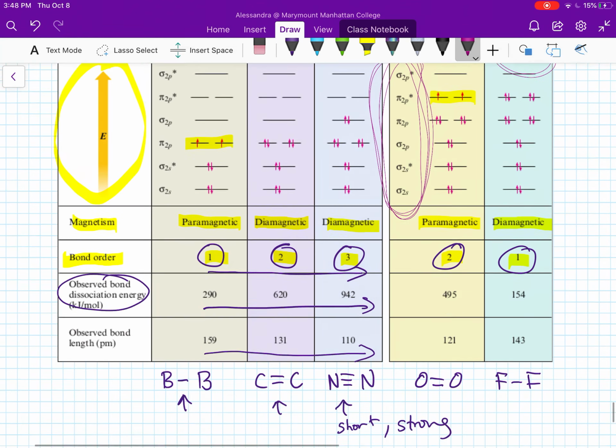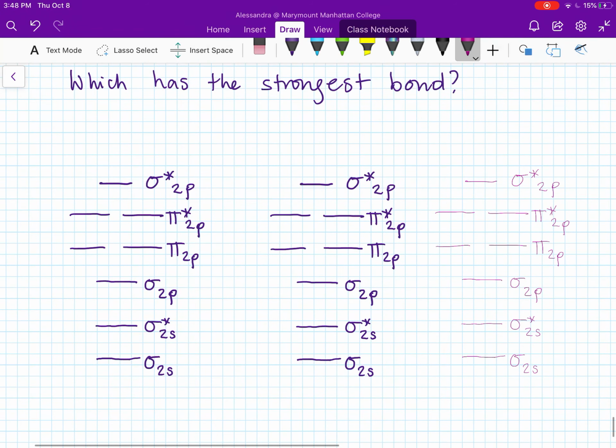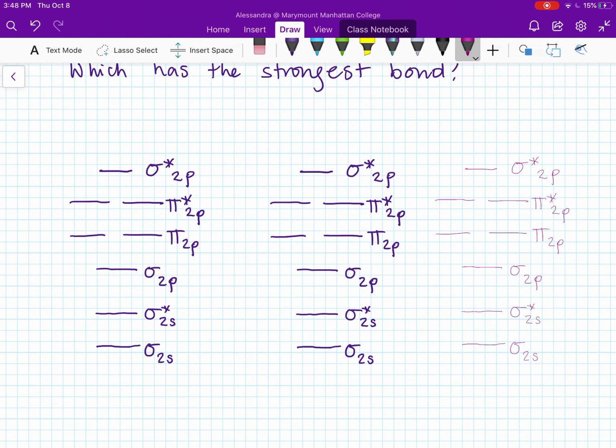So I've copied that down 3 times to make molecular orbital diagrams for all 3 of these species: the F2 neutral molecule, the F2 plus cation, and the F2 minus anion over here. So we have to figure out how many valence electrons each of these species is going to have, and then we can just fill up the molecular orbital diagrams very easily.